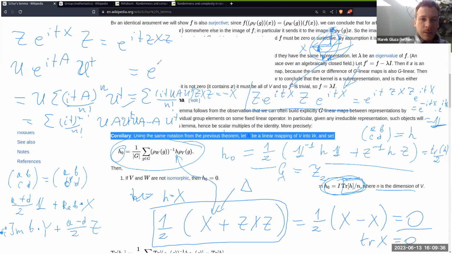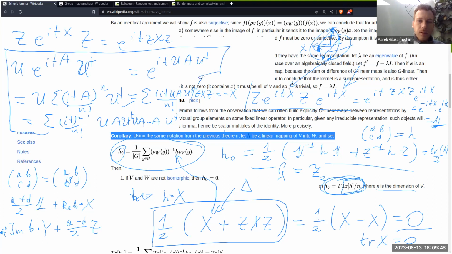And this series is the exponential series of it U A U dagger. Okay, that's important. This is a lemma. You should write this lemma in your notebook. Study this kind of stuff. Do this carefully yourself. I'm inserting here U dagger U, which is identity. Okay, do it carefully yourself. Good.